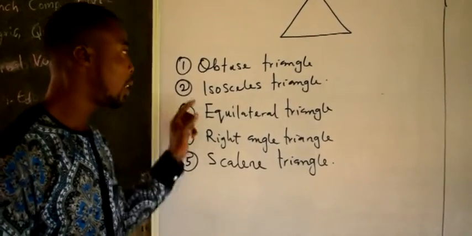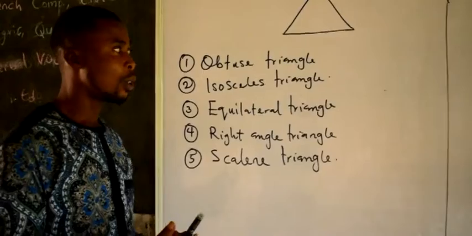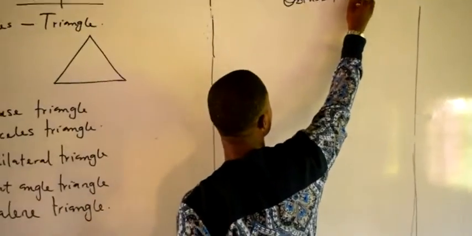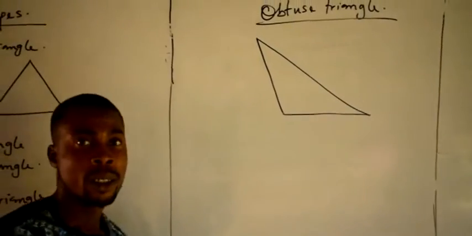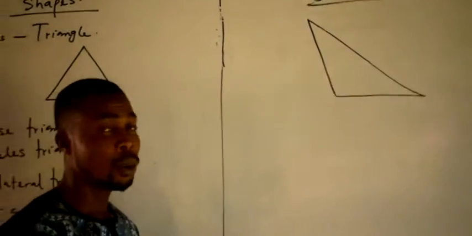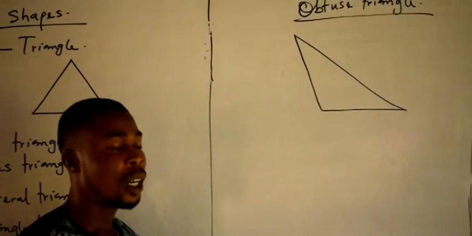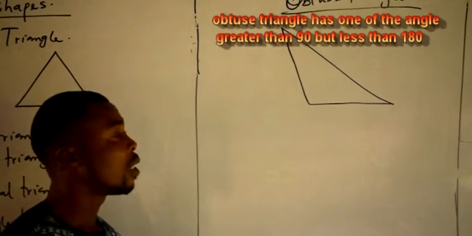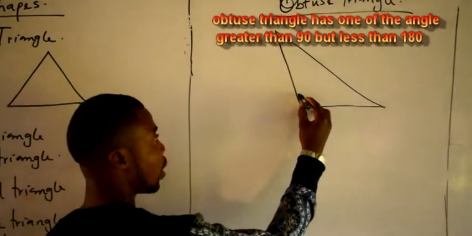The first one here is the obtuse triangle. How do you recognize an obtuse triangle? In an obtuse triangle, one of the angles is a very large angle, this angle here.